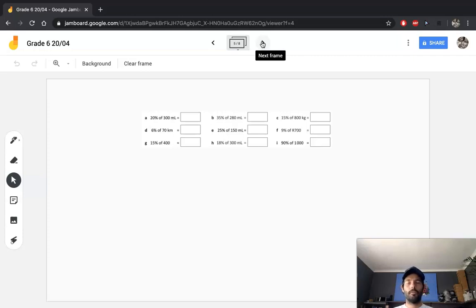So 20% of 300, if I can work out 10% of 300, which is 300 divided by 10 is 30, then 20% will be double 30, so that's going to be 60. Okay. For 35% of 280, if I can work out 10% is 28, 30% must be 28 multiplied by 3.